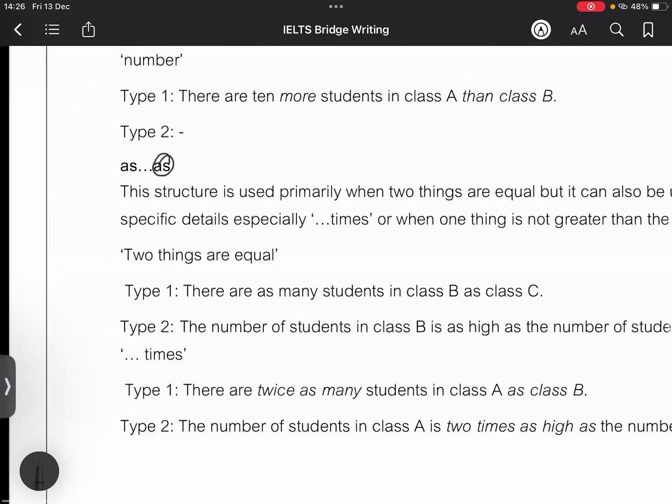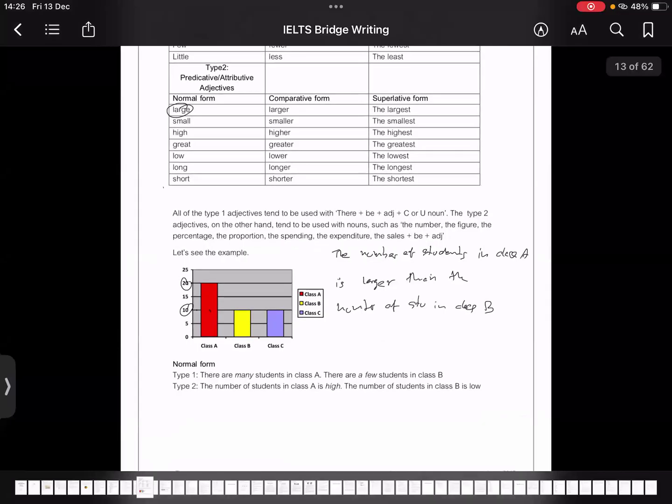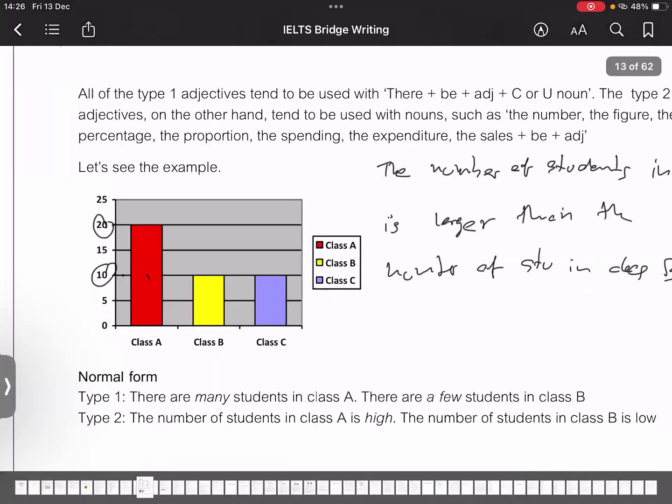Now let's look at a more challenging example. If you look at this plot, Class B has 10 students, and Class C also has 10 students. So how do I describe this?